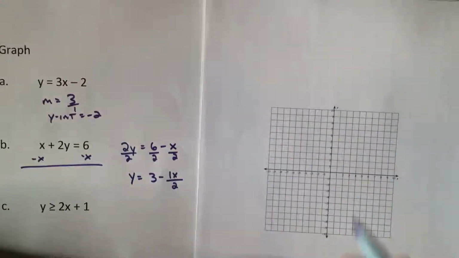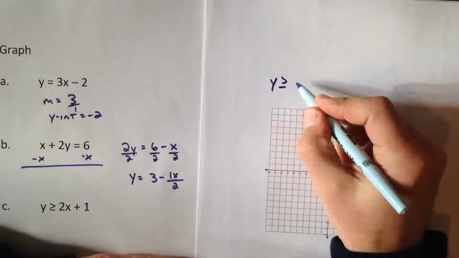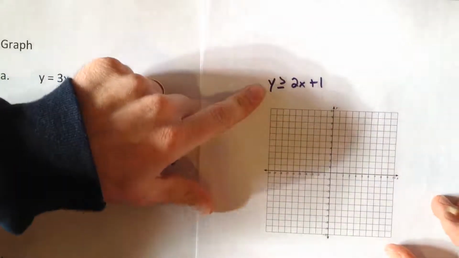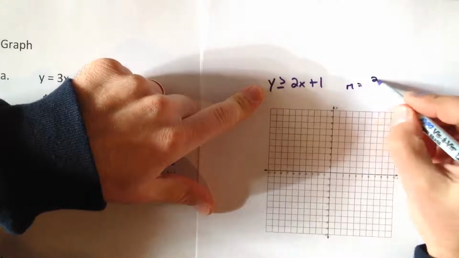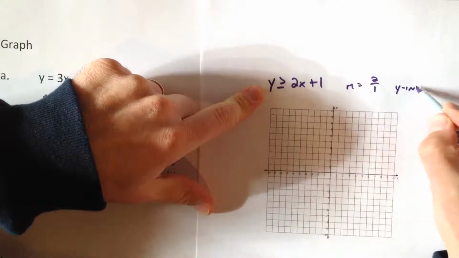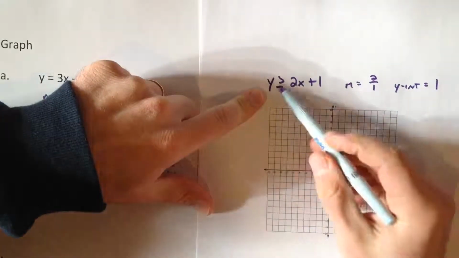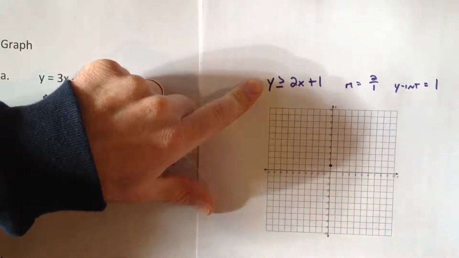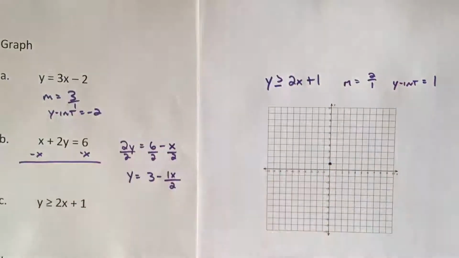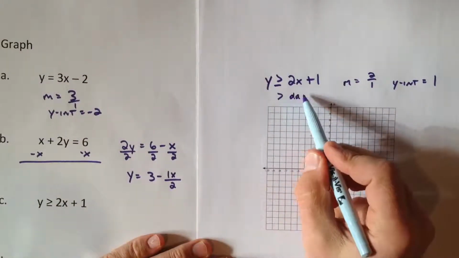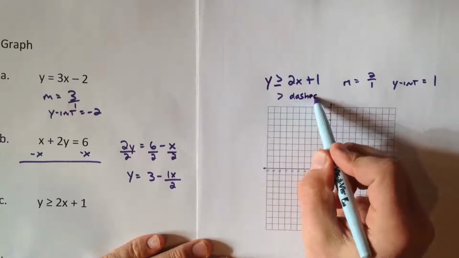Alright, so y is greater than or equal to 2x plus 1. This is already set up in slope-intercept form, so I know my slope is 2 over 1. My y-intercept equals 1. Now, since it can be equal to, it's going to be a solid line, but we've got to review, sorry about the shadow, if it's just greater than, remember it's going to be dashed.